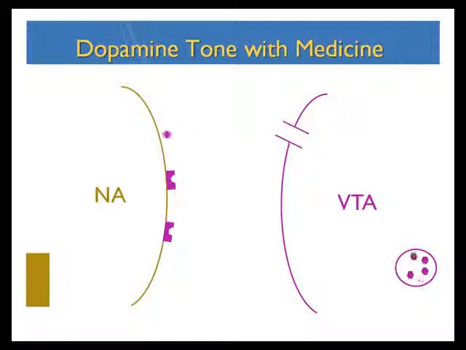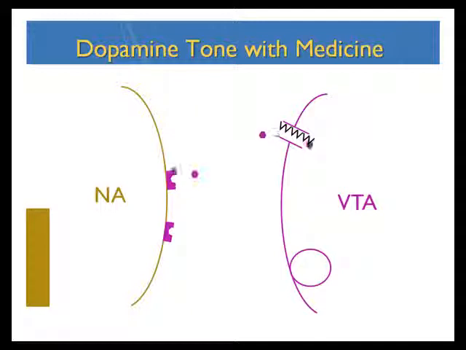But in this case, when someone doesn't have as many dopamine receptors as normal, but is making normal levels of dopamine, we can give them a medicine that blocks that tunnel, that reuptake tunnel. So now, some of the molecules of dopamine, instead of getting sucked up by the ventral tegmental area, are bouncing off the medicine and back into the area between the cells, where they have another chance at hitting some more receptors before getting sucked up.